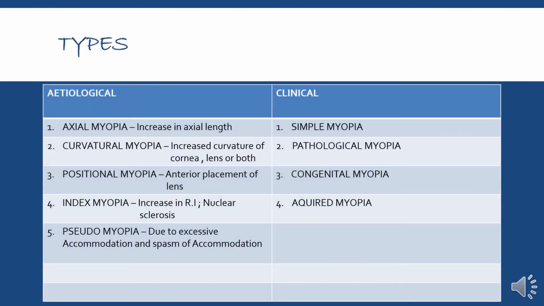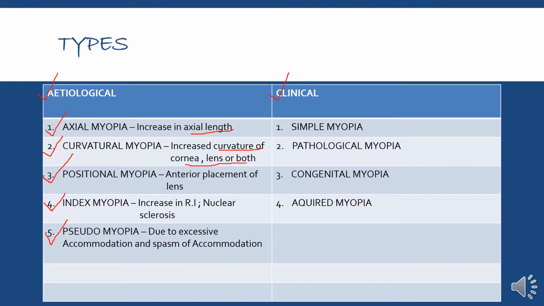Moving on to the types, we can broadly classify them as etiological types and clinical types. Under etiological types, they are axial myopia, curvature myopia, positional myopia, index myopia, and pseudomyopia. Axial myopia is associated with increase in axial length. Curvature myopia, increased curvature of cornea, lens, or both.